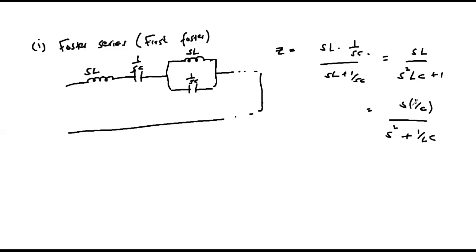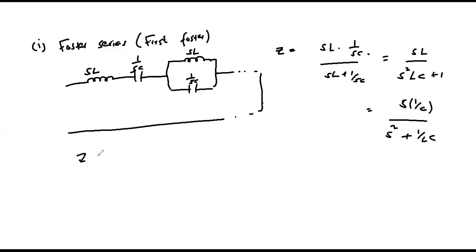And therefore, whenever we get a term that has S in the numerator with a coefficient, the coefficient on the numerator will give us the value of the capacitor. And on the denominator, it's S squared plus 1 over LC. That will help us determine the value of the inductor, having calculated the capacitance from the coefficient of the numerator of that partial part. Let's proceed and implement that transfer function.